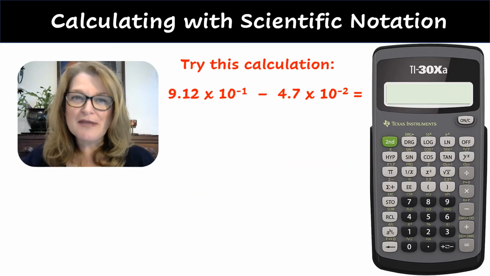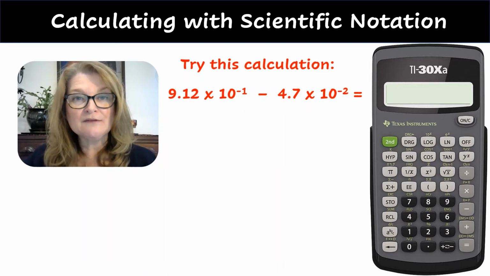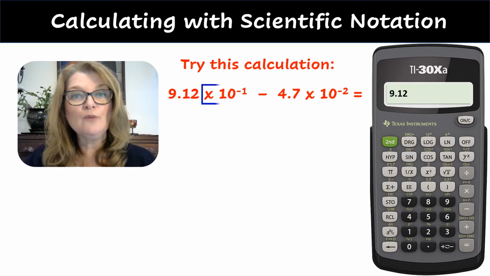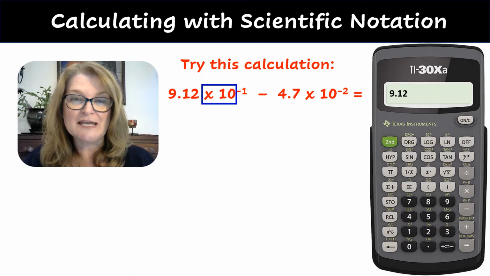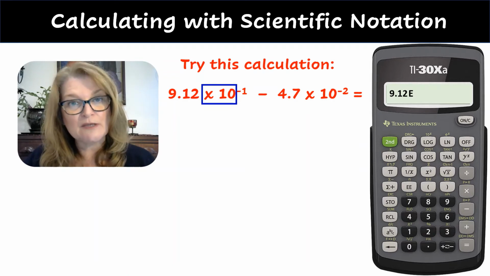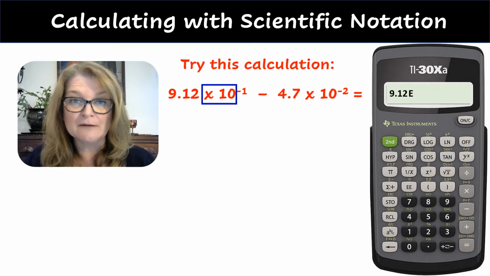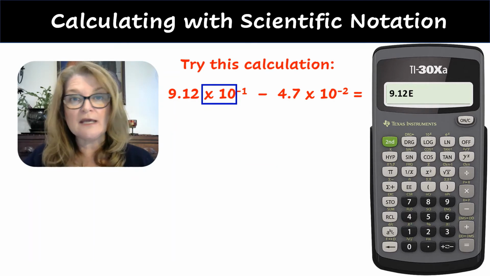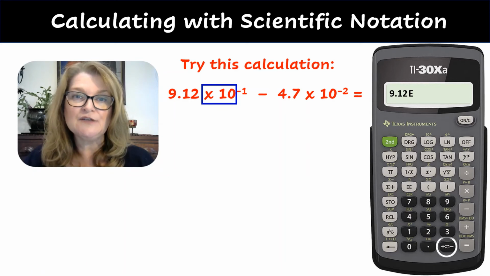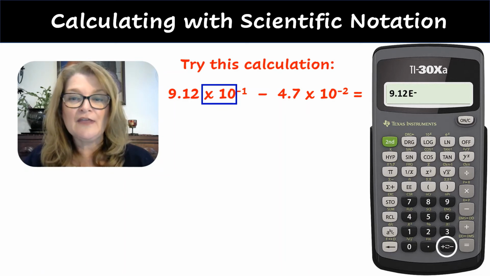So let's clear our calculators and try a subtraction problem. We're going to start by entering the coefficient of the first number, 9.12. Then we come to a times 10. Now we tell the calculator times 10 by hitting one button, either the EE or the EXP button or the times 10 to the X button. And then we go directly to the exponent, which in this case is negative, so we need to use the negative sign button and then enter 1 for our exponent.